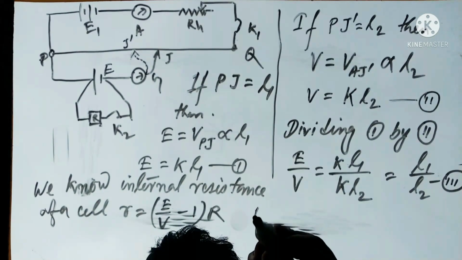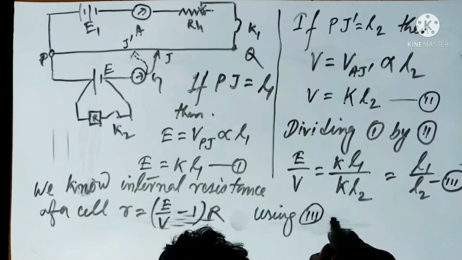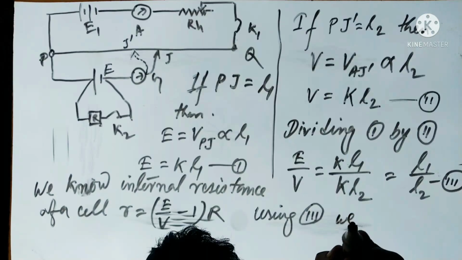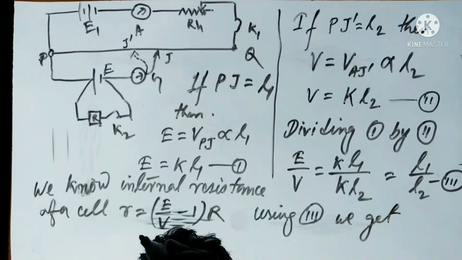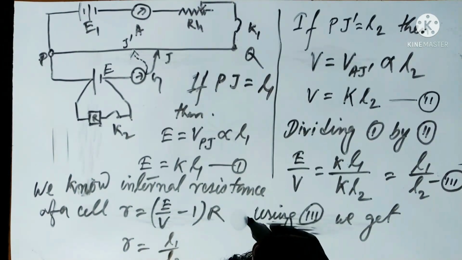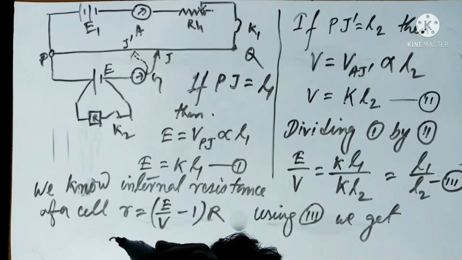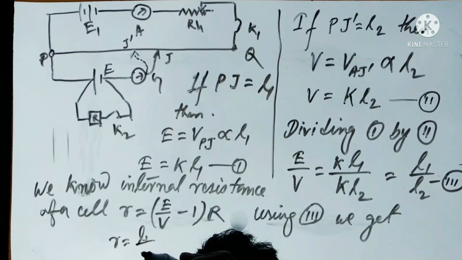So using equation 3, instead of E by V I can write L1 by L2 minus 1. So r equals L1 by L2 minus 1 multiplied with R.